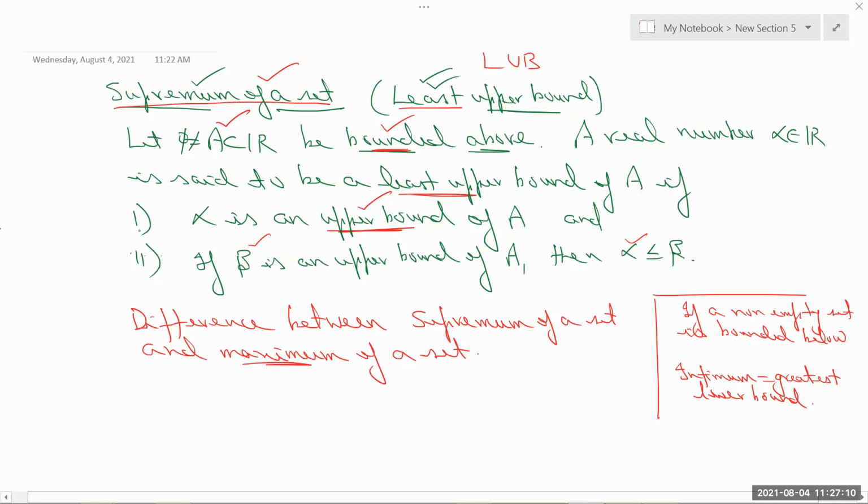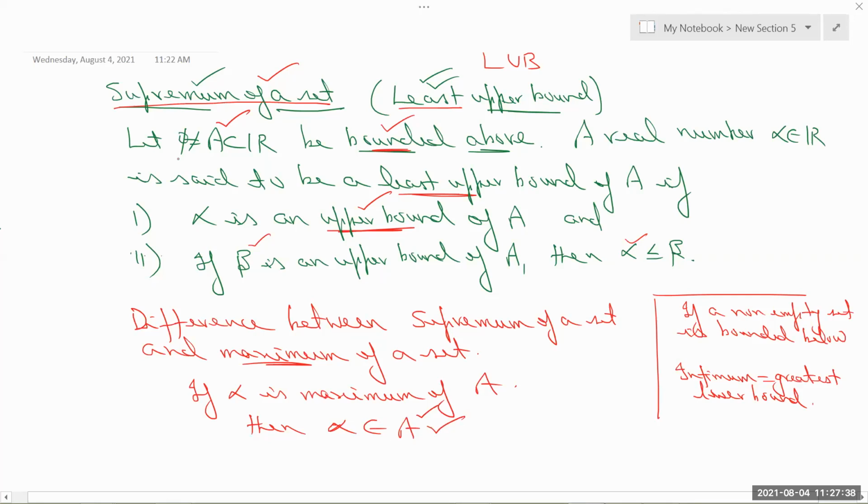Maximum of a set is also going to satisfy this condition. The only difference is that maximum should be in the set. If alpha is the maximum of a non-empty set, say A, then alpha must belong to A. Maximum of a set or minimum of a set, whenever it exists, will also be a member of the set.